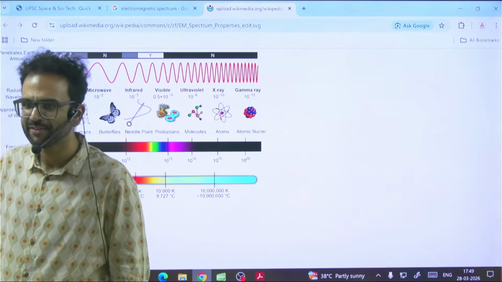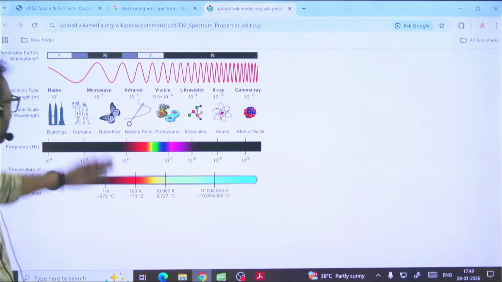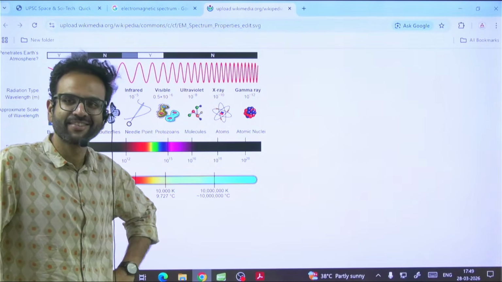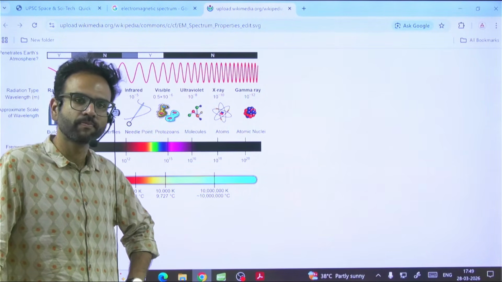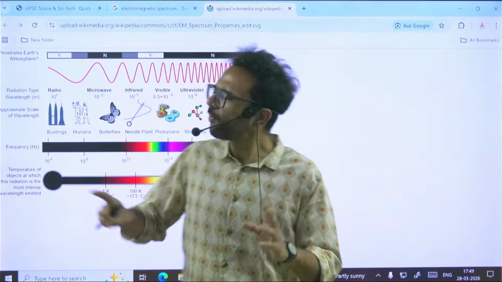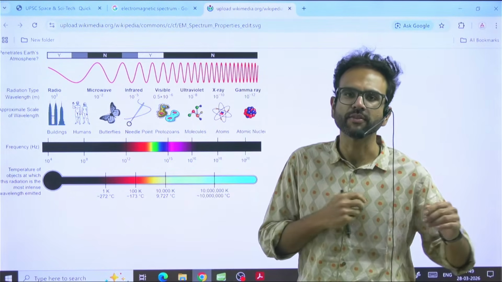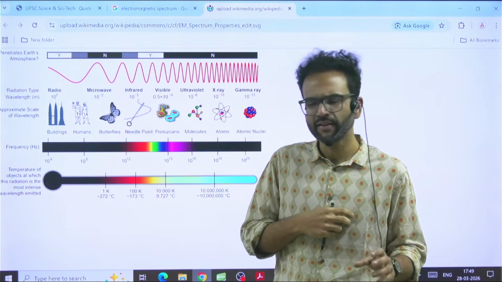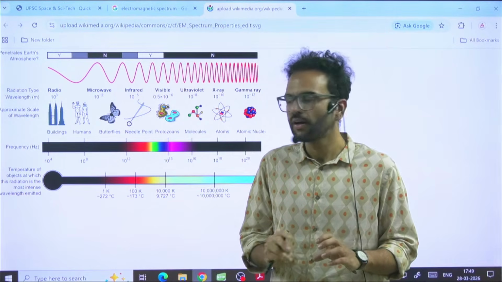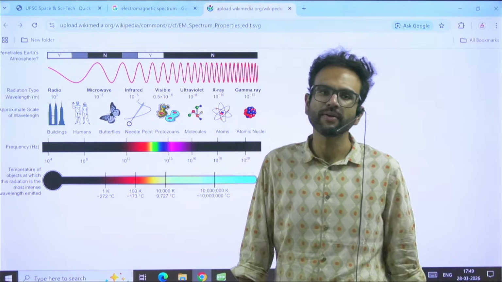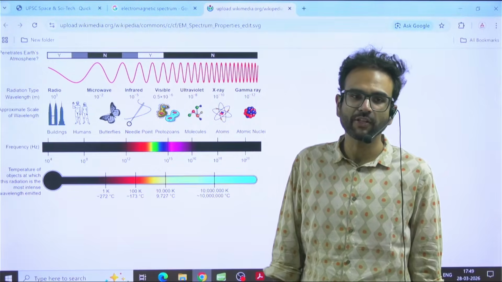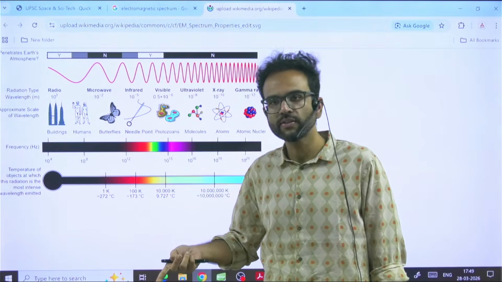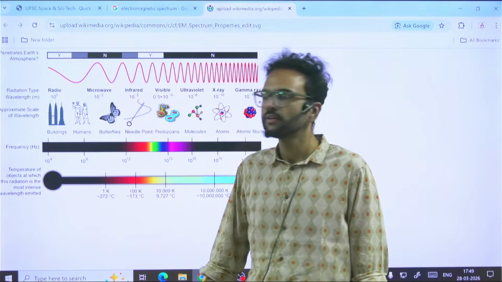Radio? There is nothing left here. It must be something in this. What is the best possible bet you can take for communication? Least possible harm, I'm not talking about efficiency. In which wavelength can you expect communication safely without harming humans? Radio. The All India Radio that you listen to comes from this, right?